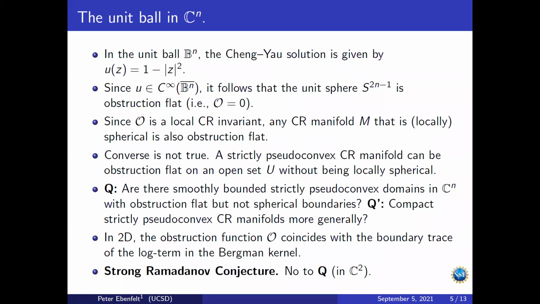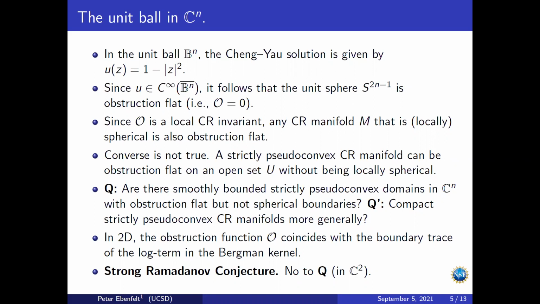If the CR manifold is of dimension 5 or higher, there are compact objects, in fact, lots of them, that are obstruction flat, but not spherical. This is work in progress that I'm doing with Ming Xiao and Hang Zhu.